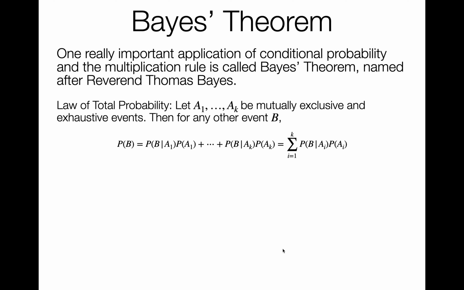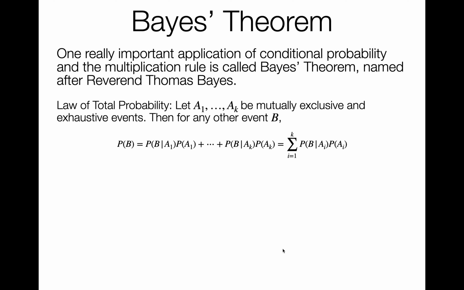I'll talk about that in class, or I might have already talked about it once you see this video. But anyway, we're going on. So it's the probability of B given A times the probability of A, and you do this over all of those exhaustive events A1 through AK. That's how we can get at the probability of B.